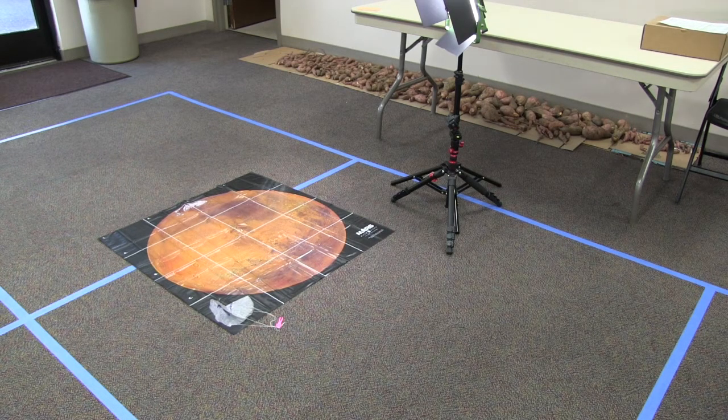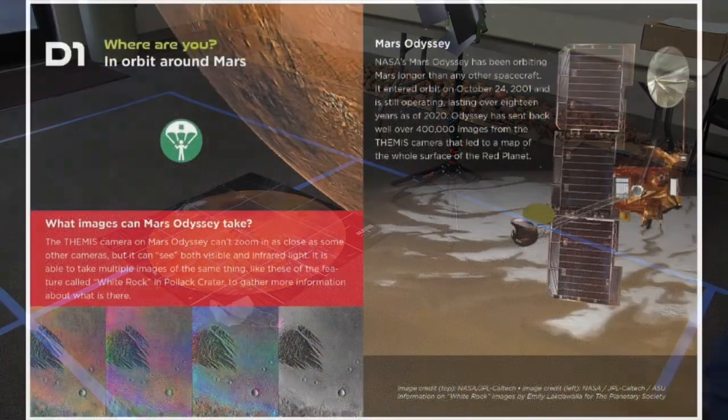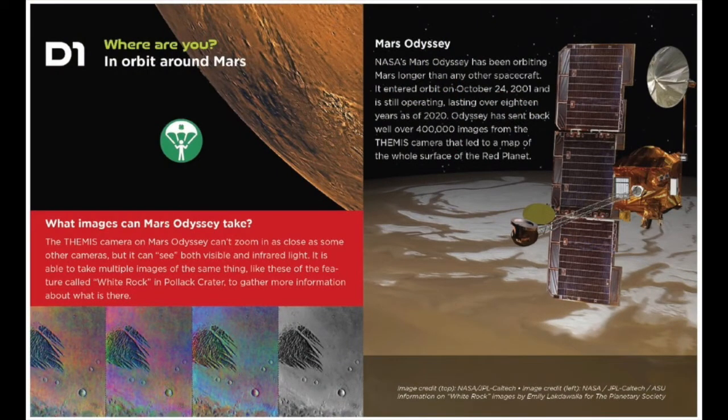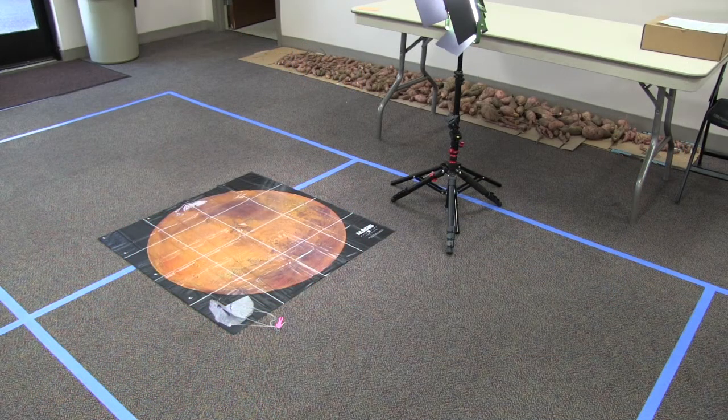So this would be designated as the Mars Odyssey rover, or orbiter, excuse me, and it gives information about the Odyssey orbiter, and at that point that participant would be done with their turn.